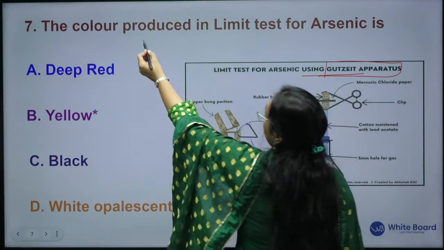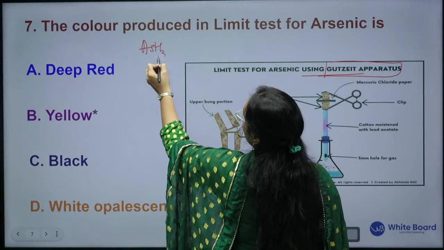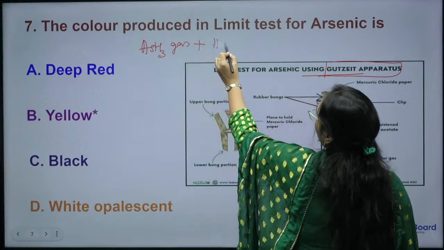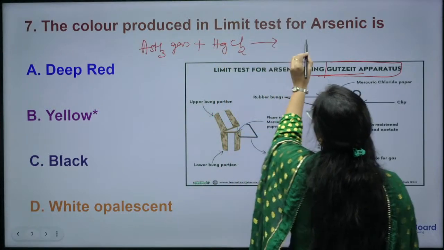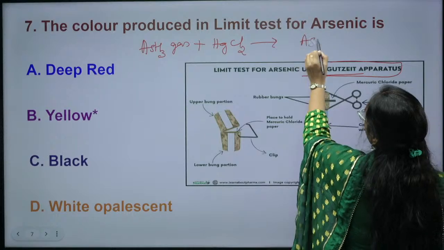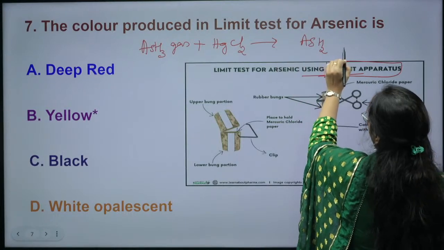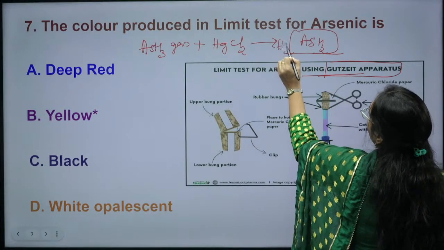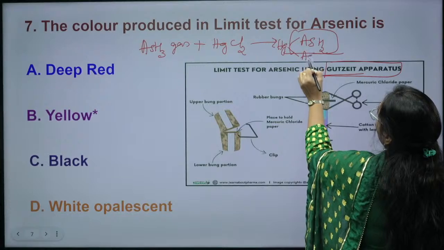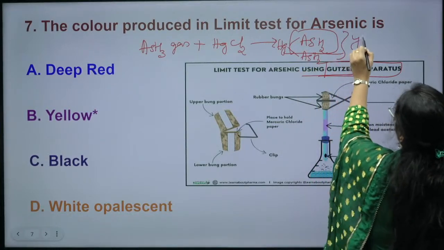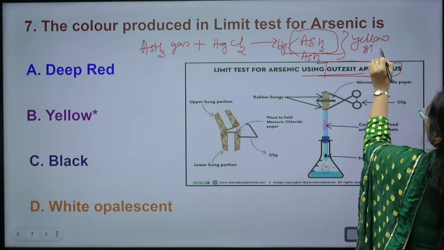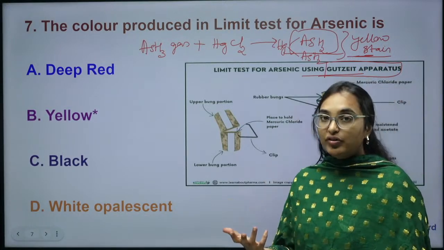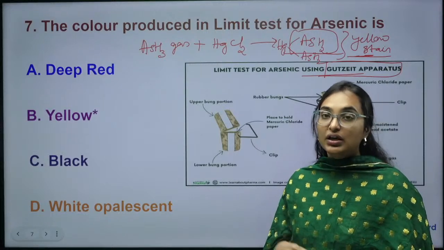Arsine gas, when exposed to mercuric chloride paper, forms a yellow color stain with the mercury. The intensity of the yellow stain represents the amount of arsenic present as impurity in the sample.